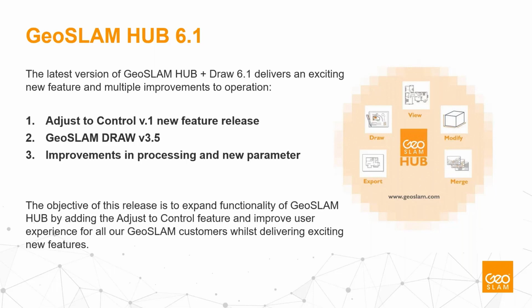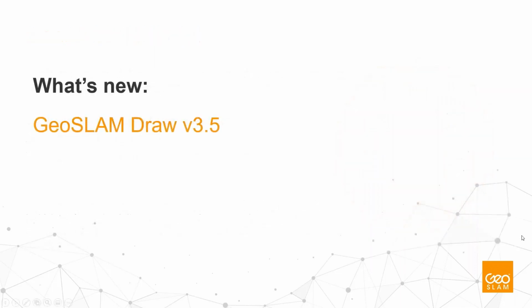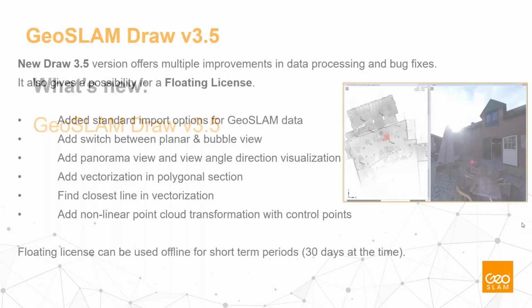Again, I will point that out later as well. And a couple of improvements in processing and a new parameter for processing the data in GeoSLAM Hub. I want to first start with those small things, which we will not be focusing on during this webinar, just to give you an overview, and then we will progress to Adjust to Control in depth.